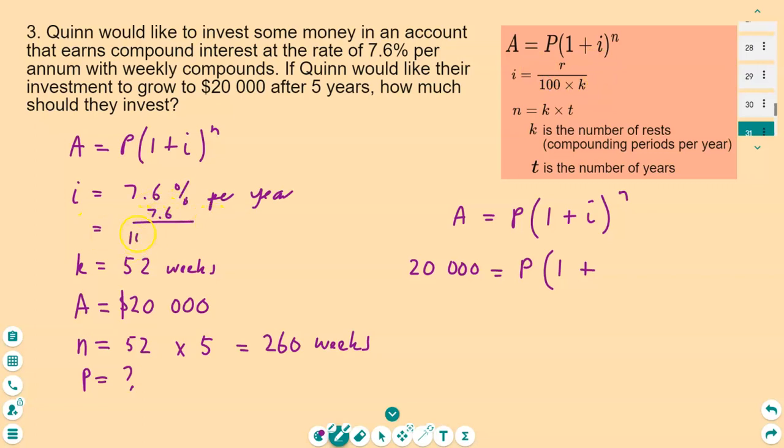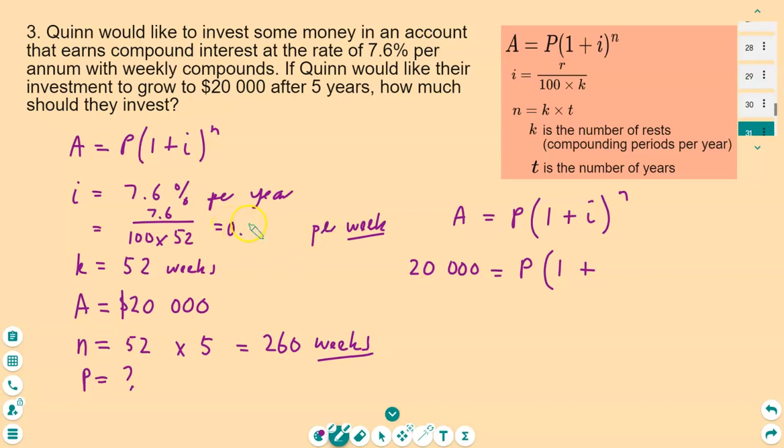Divide by 100 to get it as a decimal. And then on that denominator, we're also going to divide by the magic K value. That's how we can do it all in one go. This is going to give us the interest rate as a decimal per week, and we need those time units to match up. 7.6 divided by (100 times 52).